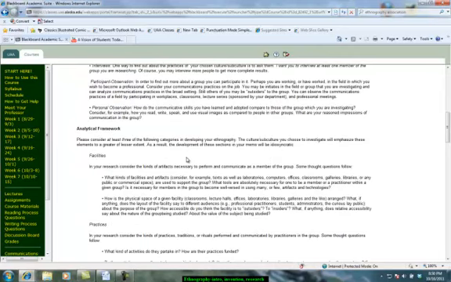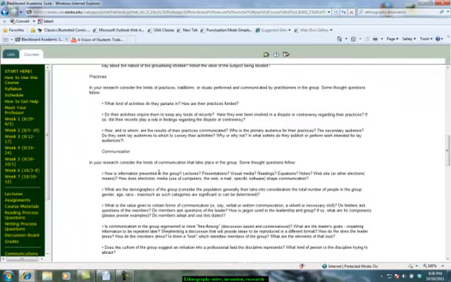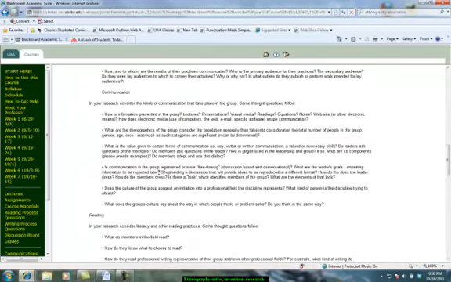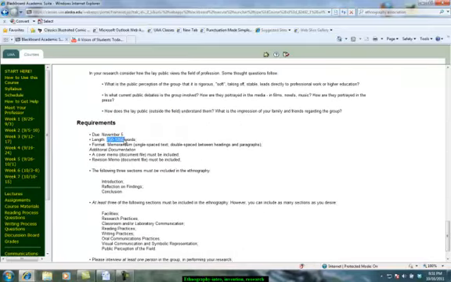So there's a framework that I want you to be thinking about. I'm not going to leave you high and dry. I have a lot of guiding questions for you to be thinking about as you're putting together this ethnography. Some of these you will use, some of these you will not use. Your ethnography only needs to be, I think, a minimum of 750 words, up to 1250 words.